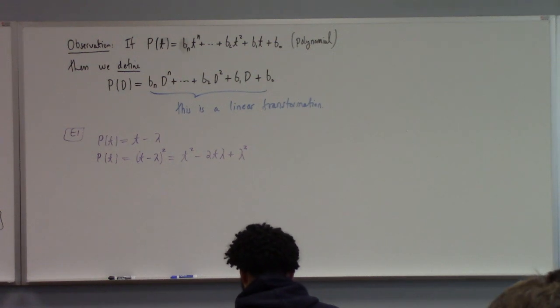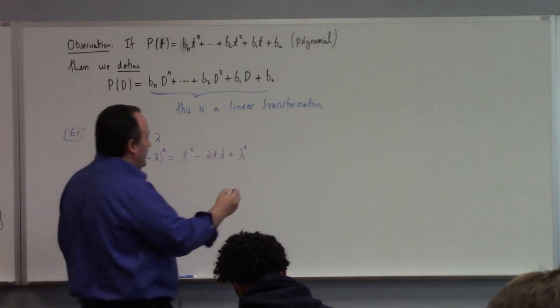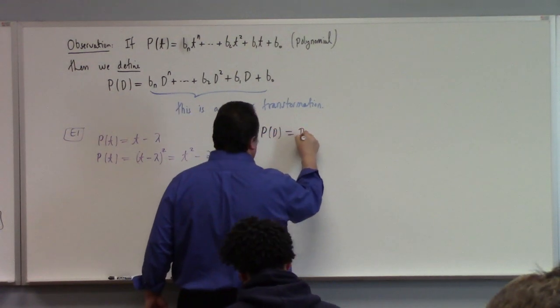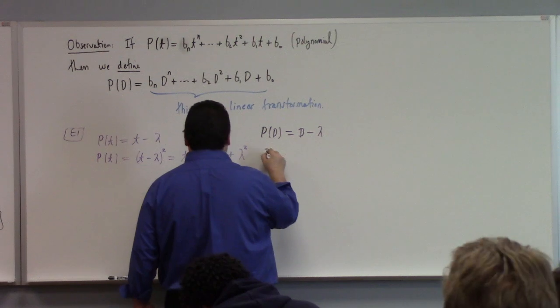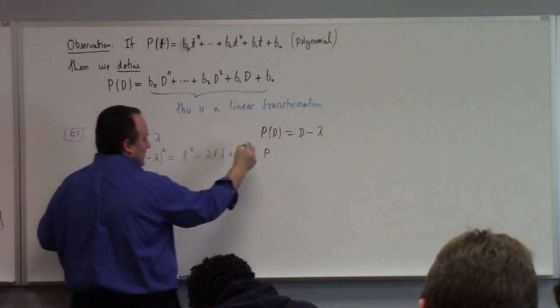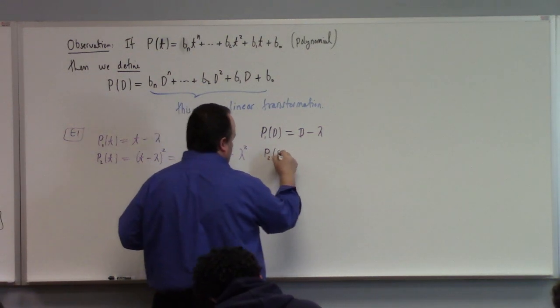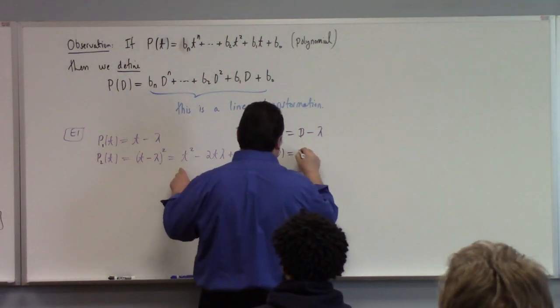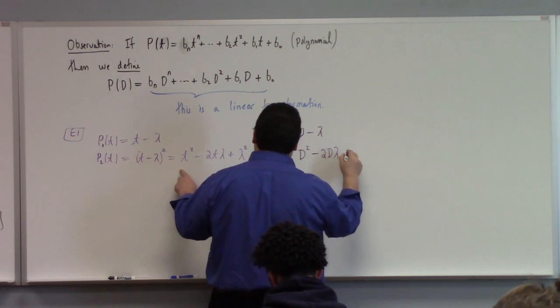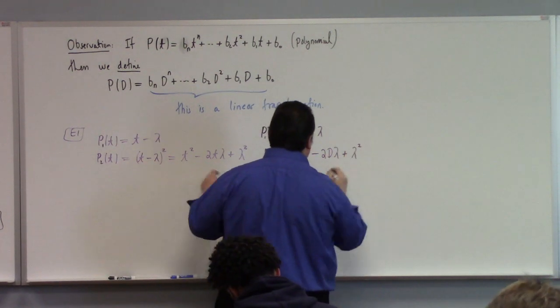Then p of D is D minus lambda. And the second one, let me call this p1, p2. p2 of D is actually D squared minus 2D lambda plus lambda squared.